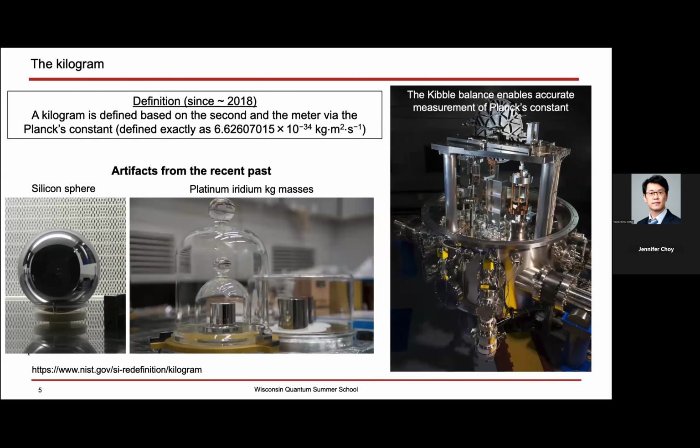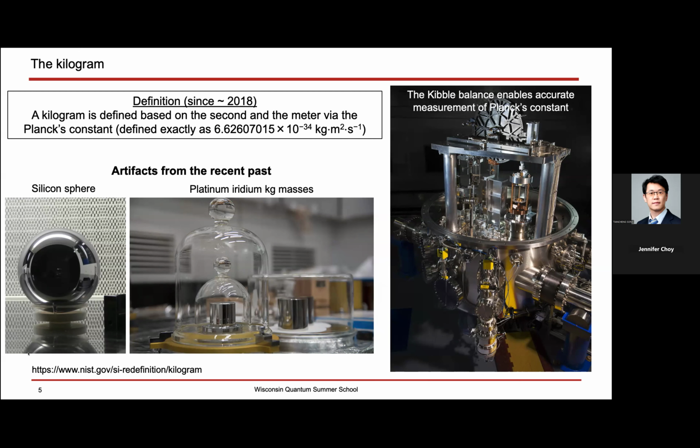Okay, so next we talk about the definition of mass, which for the SI unit is the kilogram. And again, like before, before advanced technologies allowed us to have other ways of determining time and distance, the way that we defined a kilogram was with these ultra pure, beautiful looking objects that are housed in vacuum, that weigh exactly a kilogram.